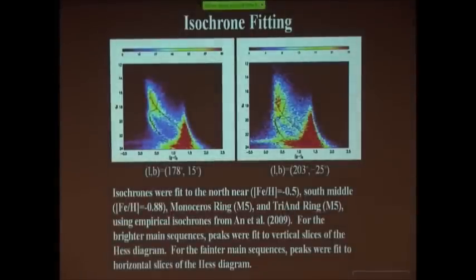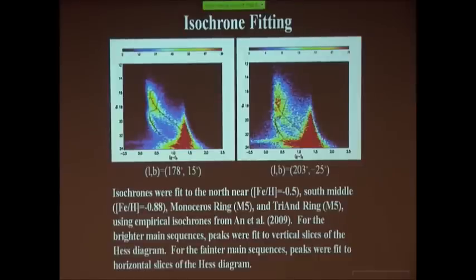Okay, so what do we do? We can say, okay, we can fit an isochrone to this, and we can fit an isochrone to that. It's not so easy to fit an isochrone to this upper thing because it's kind of fat, but we did kind of fit something through the middle of it. We tried to fit isochrones that had the metallicities of the stars that were in each of these structures. This is like -1, and this is like -0.5, and this one's like -0.88 or something.